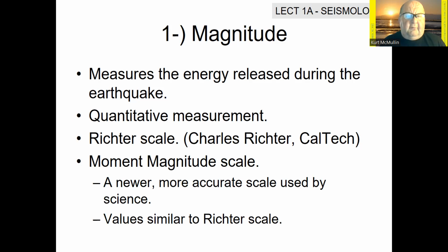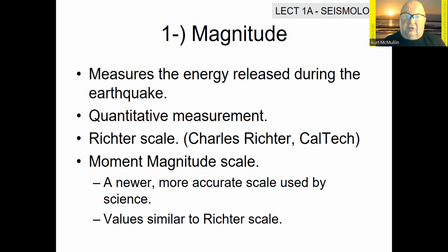This is probably the thing that the general public is most familiar with, the magnitude, which is often reported on the Richter scale, which was a scale developed by a faculty member at Caltech, Charles Richter, in about the 1920s. The reality is seismologists and geologists no longer use the Richter scale.